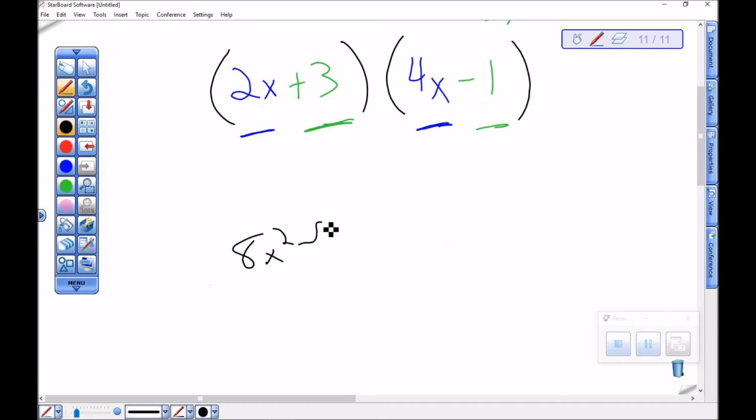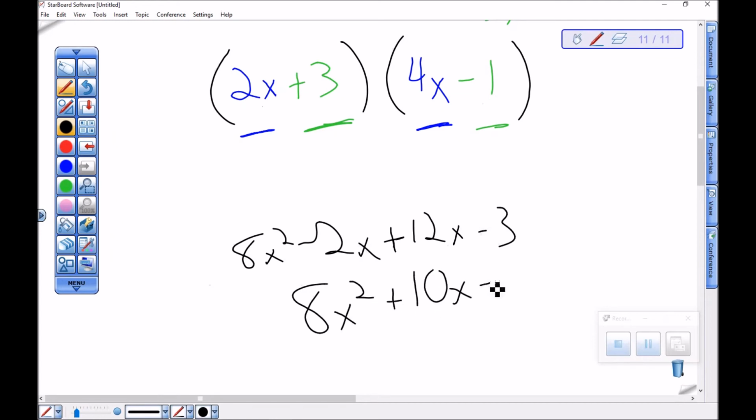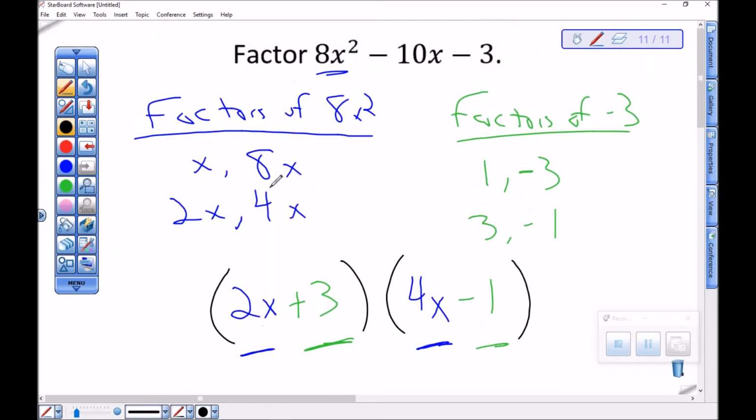Outside is minus 2x. Inside is plus 12x. And then last is minus 3. 8x squared plus 10x minus 3 is not right because I wanted a minus 10x in the middle. But that's really close. In fact, if you have the wrong sign on your answer, you can switch your signs and it should work out.